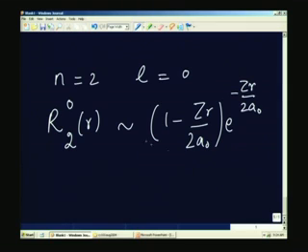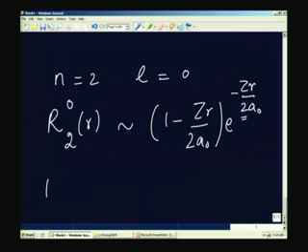Don't worry about how we derive these things. This derivation comes from the solution of the Laguerre polynomial equation, which we did not solve. We are only looking at the final solutions and trying to make sense out of them. So again there is a dimensionless number here, and then e to the minus Zr by 2a0.